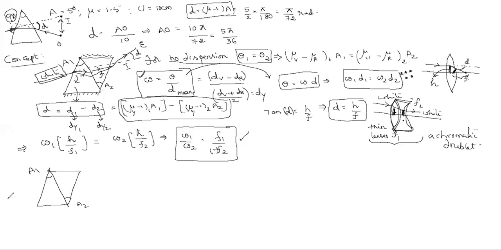But in this case, after incidence, of course, it splits into 7 colors. I am drawing only the yellow color. Finally, that yellow color, after passing through the second prism, will come parallel to the incident light.